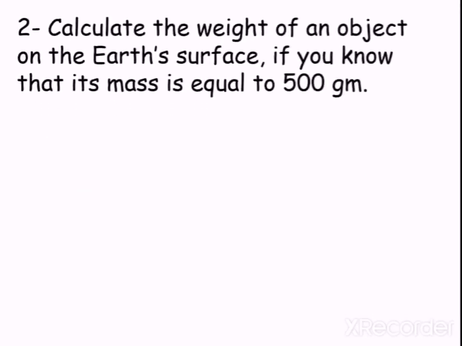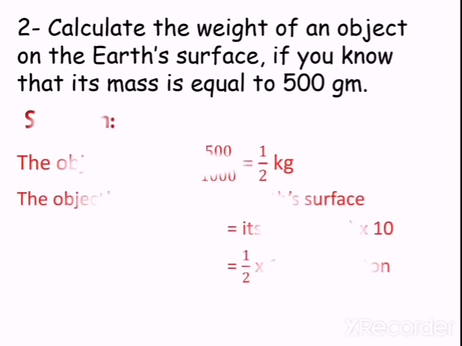Problem number 2. Calculate the weight of an object on the Earth's surface if you know that its mass is equal to 500 grams. Concentrate, Junior 6. The mass must be in kilograms, not in grams. So you have to change grams to kilograms.